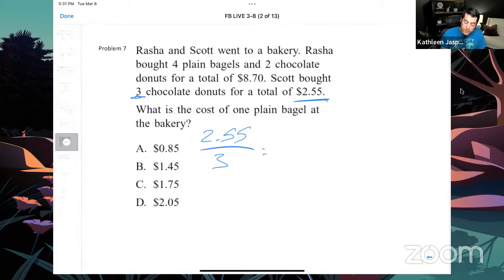So an individual donut's going to be $2.55 divided by 3. And so when I do that, I get 85 cents. So each donut is 85 cents.